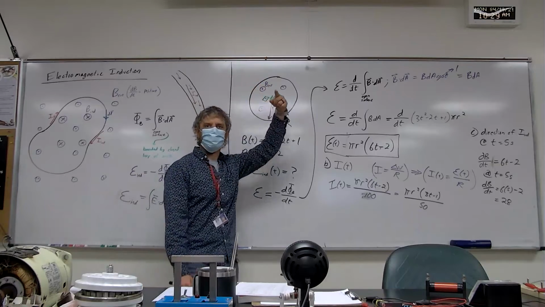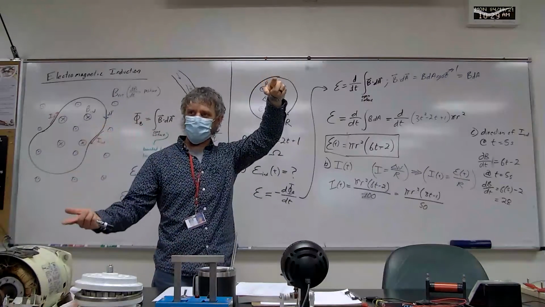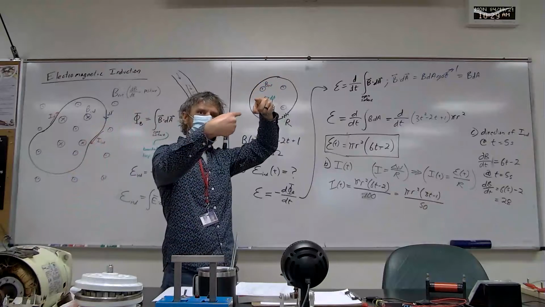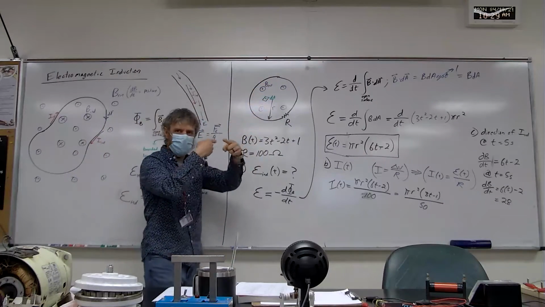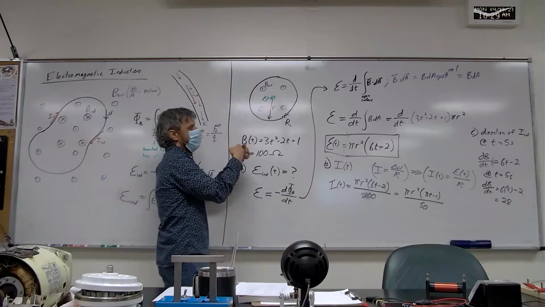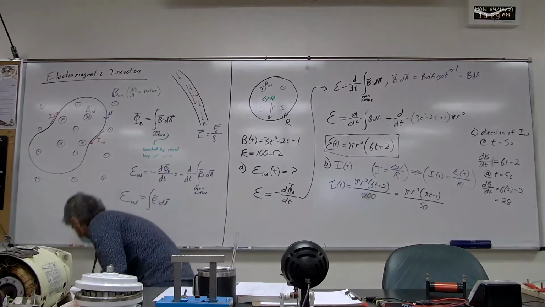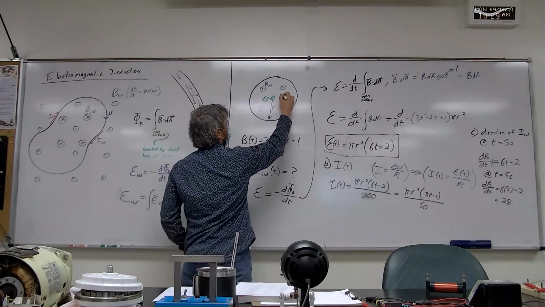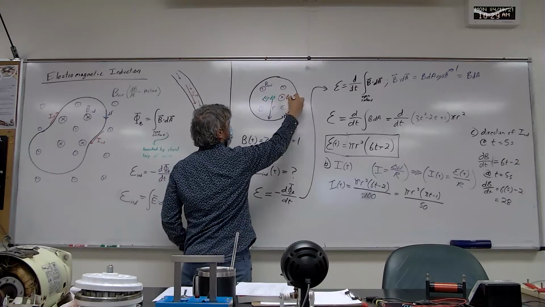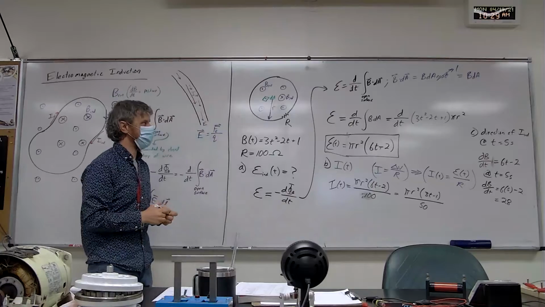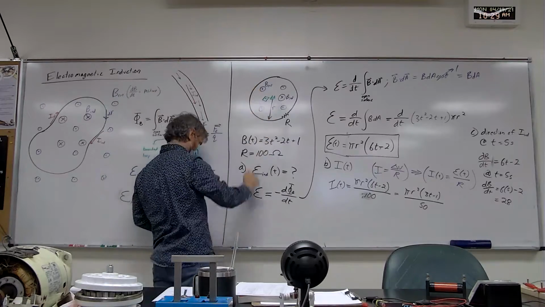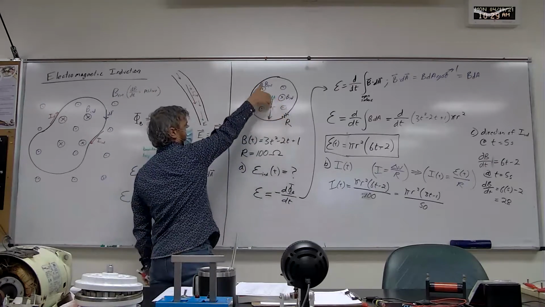So the induced magnetic field generated via electromagnetic induction will be pointing into the board to compensate, to try to fight that change. The induced magnetic field points into the board, and by the right-hand rule, that means the current must be going clockwise.